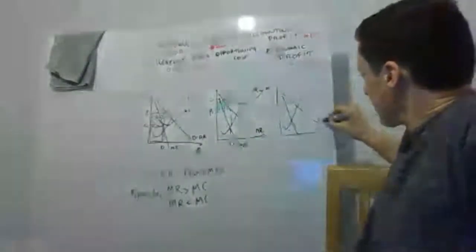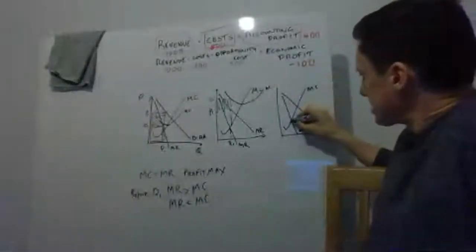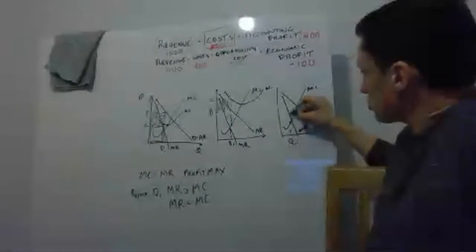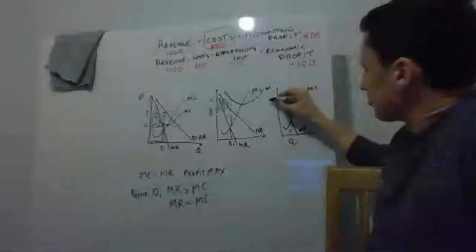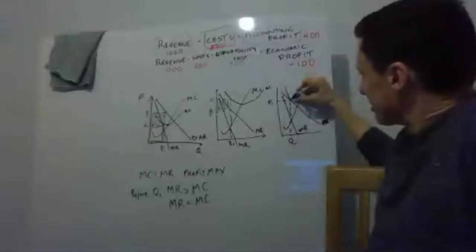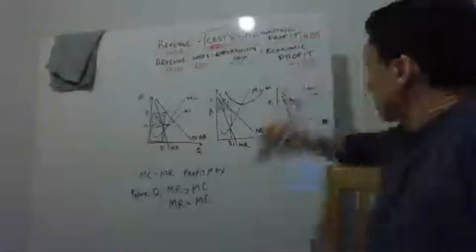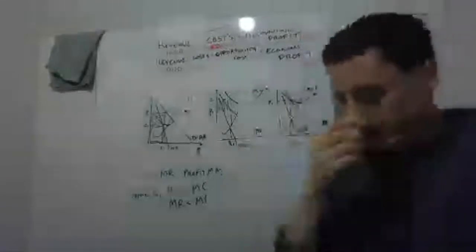Okay, again, note how I'm always drawing this the same way. AR, MR, MC, put Q1 in, draw up to the demand curve, put P1 in. And now if I put an AC curve here, it's still smiley faced. It's still got its minimum point going through the MC curve.